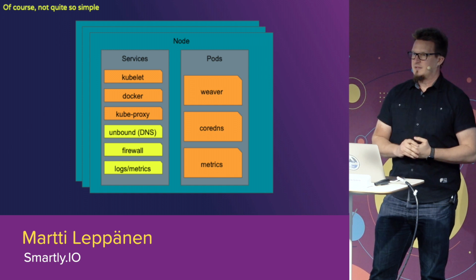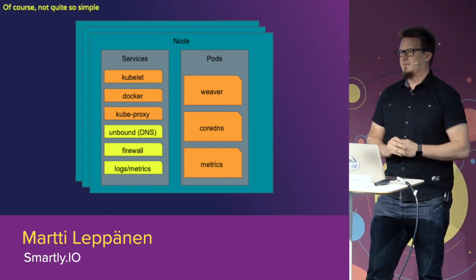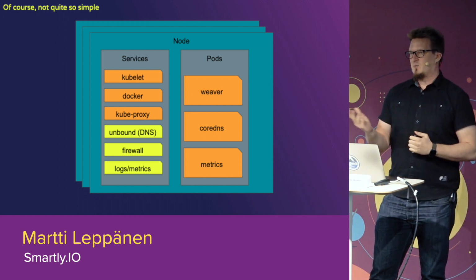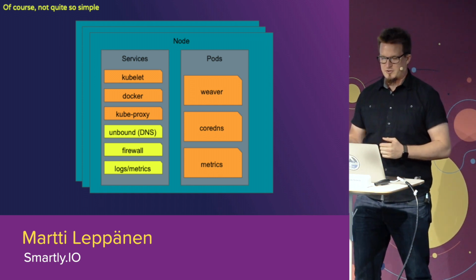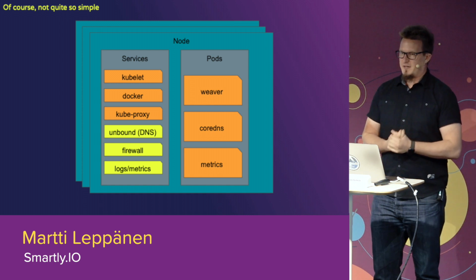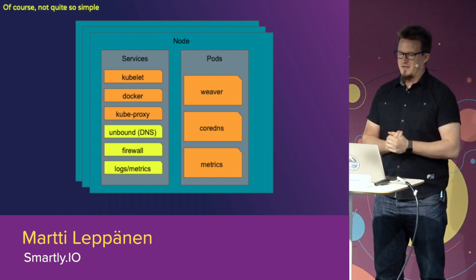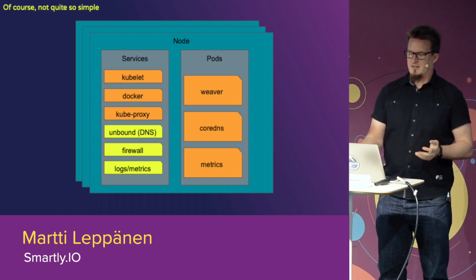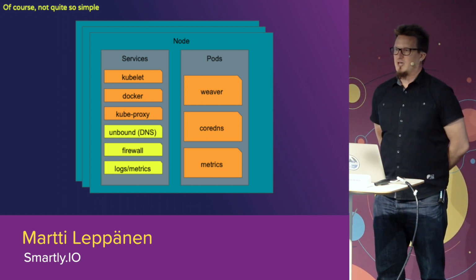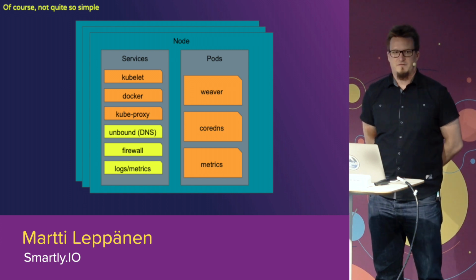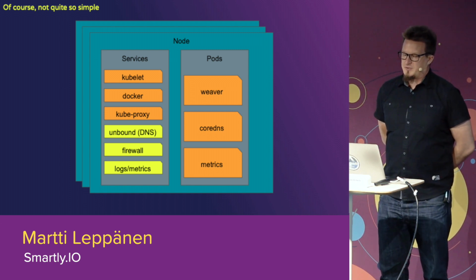Of course, it's not quite that simple. While one node has these three basic services, you have a kubelet, you have Docker, and you have kubeproxy, and this basically brings up Kubernetes. You don't have to have more than this. In reality, you will end up having a little bit more. You have to have some method for each node to be able to resolve DNS names. We are using Unbound.